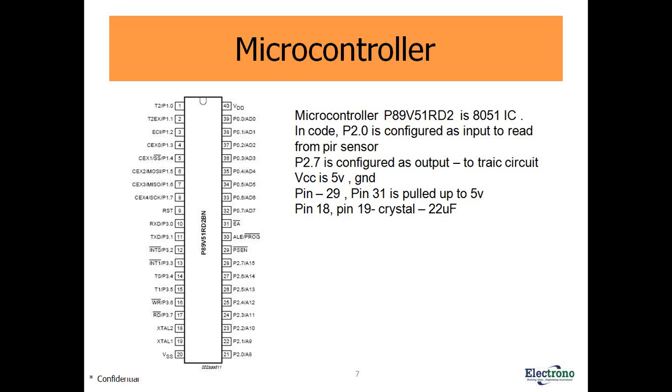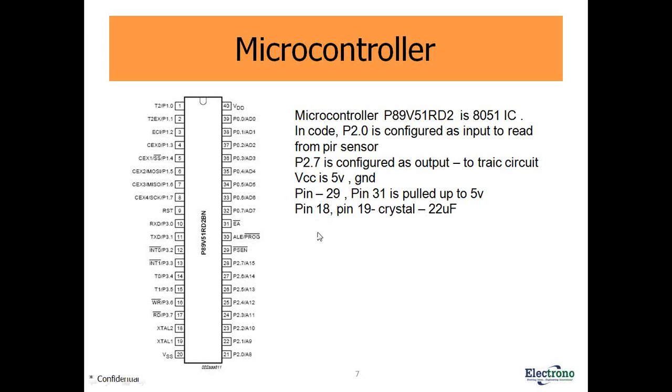Suppose my crystal oscillator is 11.0592 megahertz and my prescaler is 12, then the actual frequency the microcontroller gets, that is the size of one machine cycle, will be f oscillator by 12. So my actual frequency will be just 921 kilohertz, and if I calculate the time period, 1 by f, it will be around 1.085 microseconds.